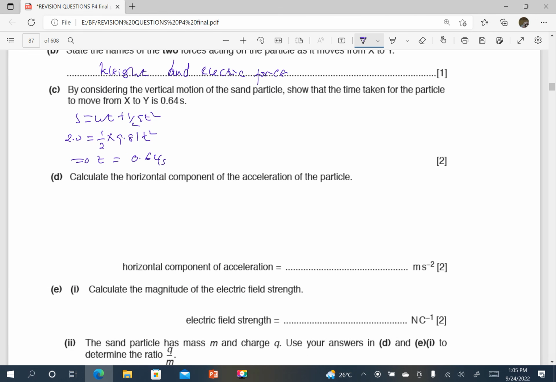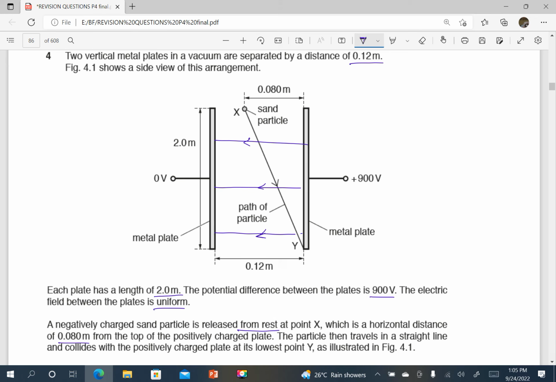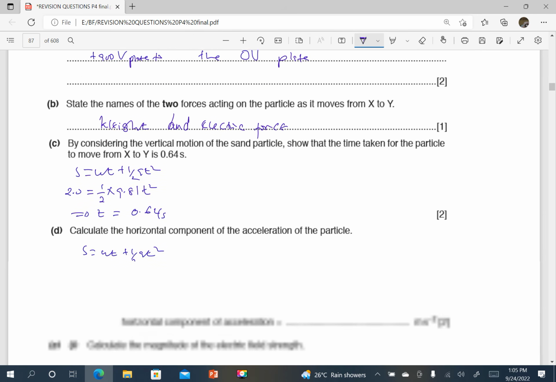Calculate the horizontal component of the acceleration of the particle. Now we are in the horizontal. I will still use s equals ut plus a half at squared. In the horizontal, remember it starts at a distance of 0.08 from the right hand plate. So s is this distance here, 0.08 meters.